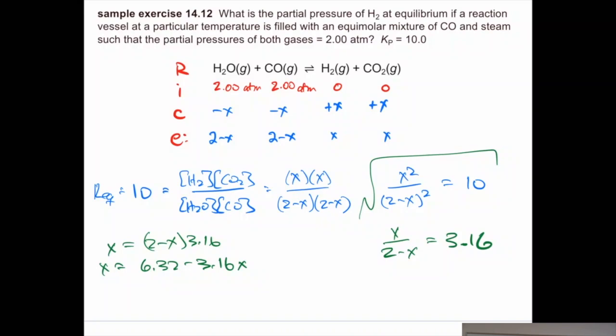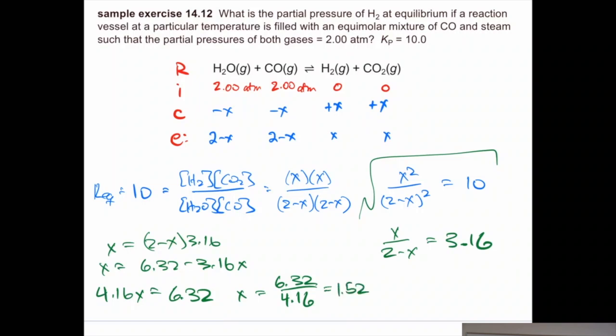Combining terms, 4.16x is equal to 6.32. I can do all that without a calculator, but now this step, x is equal to 6.32 divided by 4.16. Well, gosh, I almost don't need a calculator for that. 1.52, that's x.